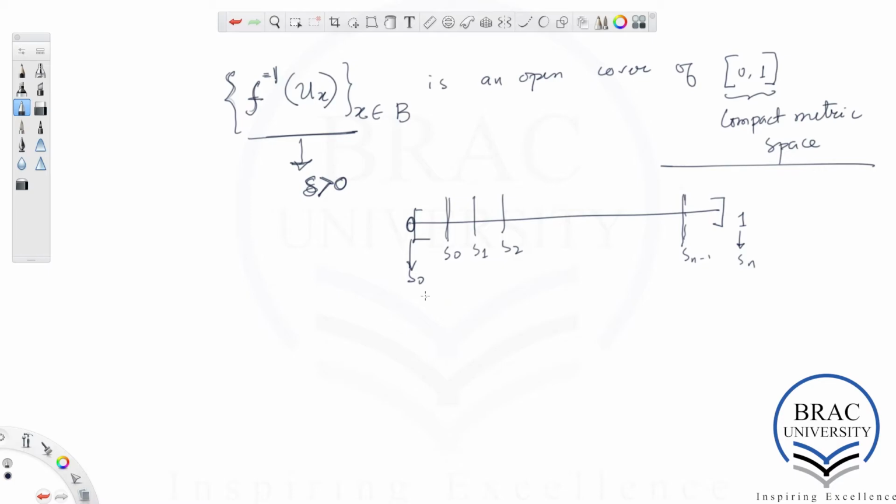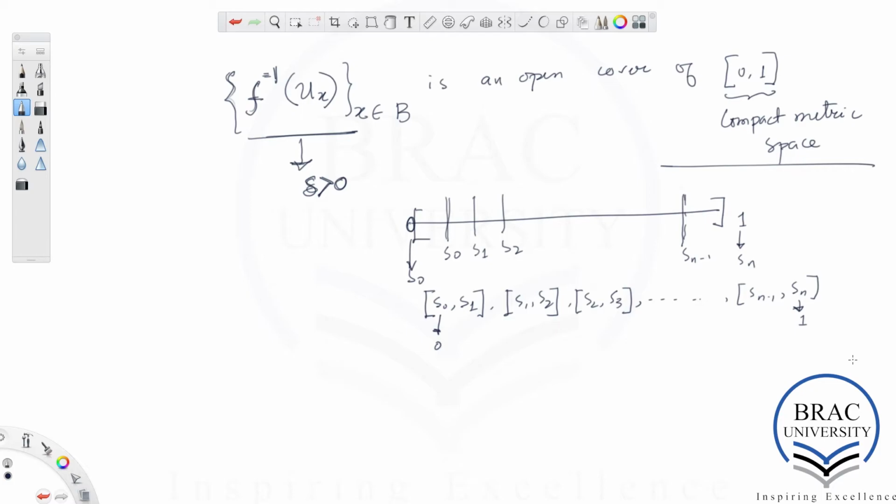So we have the following closed subintervals: S0 to S1, then from S1 to S2, then from S2 to S3, and finally from Sn minus 1 to Sn. Here Sn is 1 and S0 is 0. So these are the subintervals that we get after partitioning [0, 1].